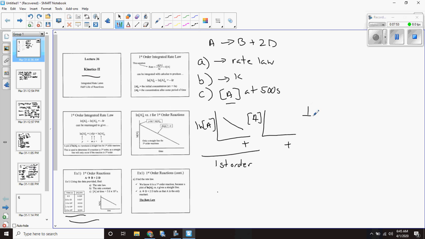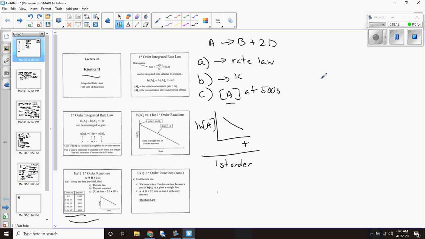Or they'll give you 1 over the concentration, and if that gives you a straight line, that tells you it's second order, but we're getting ahead of ourselves. So the fact that the graph is indicative of a first order reaction tells us what the rate law expression is.